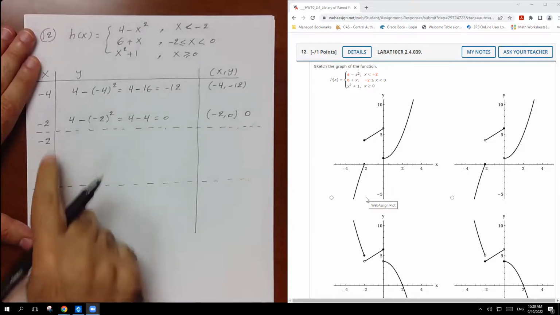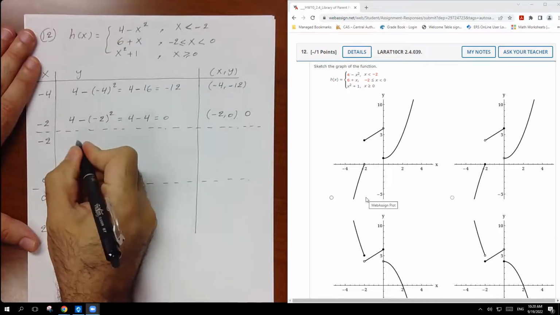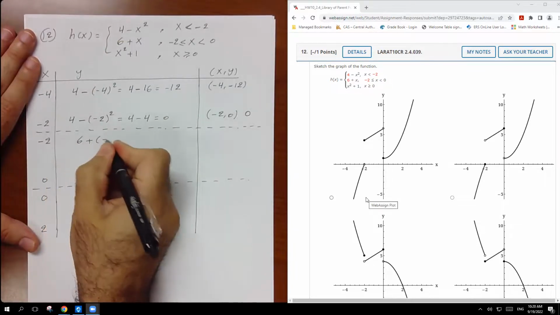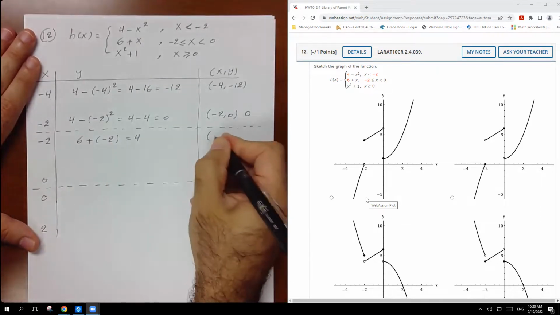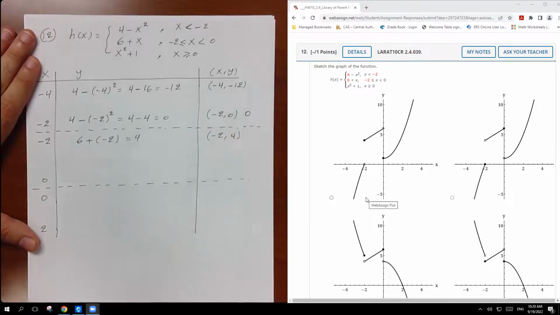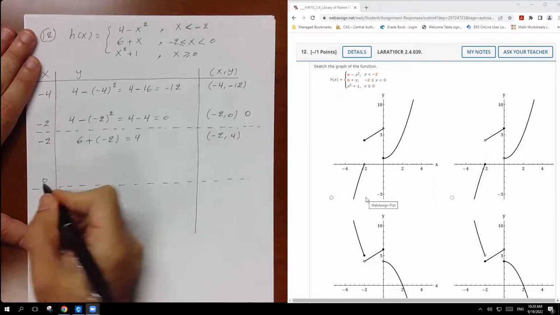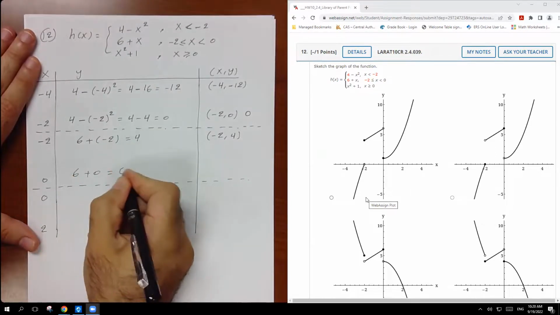Now let's work on the second part. I'm going to plug in these 2 numbers on the second part. So this one is going to be 6 plus -2, and it's going to be 4. So this point is going to be -2 and 4. The second point, I plug in the 0 here. So it's going to be 6 plus 0, and it's going to be 6.